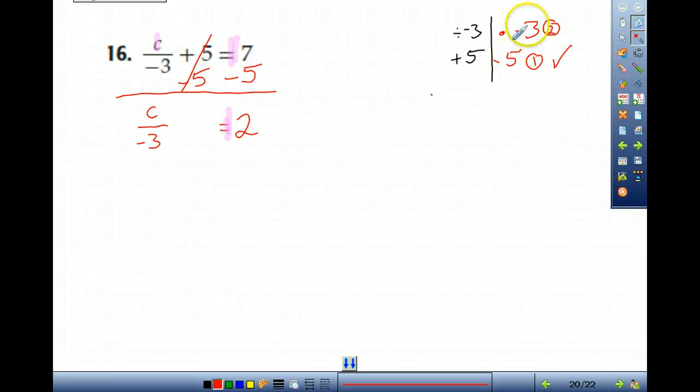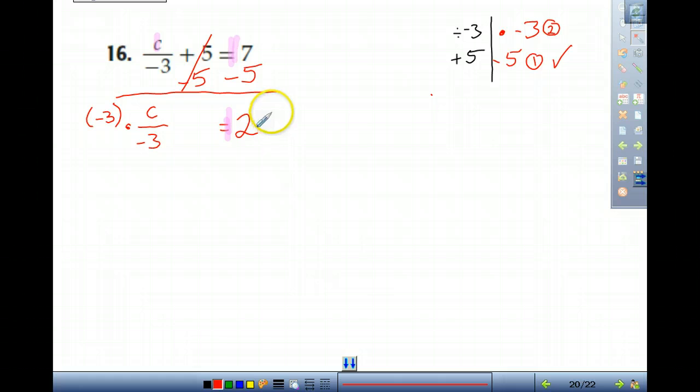Alright, so we did this step. Next, multiply by negative 3. So I go over here. I can use parentheses, that's fine. So I multiply both sides by negative 3. Negative 3 cancel out. Notice how I put the negative 3 on the top of the fraction. If you're ever given a number to multiply, and you have to multiply by a fraction, it automatically goes on the top.